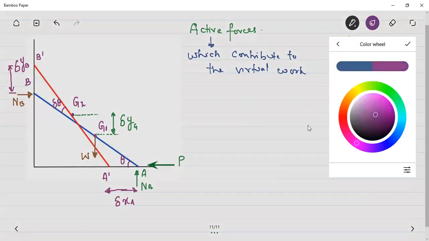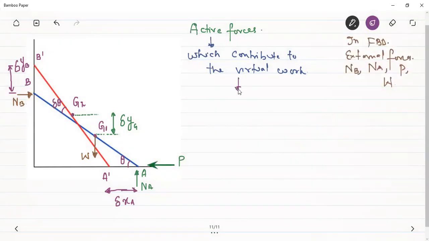Hence, we can say that the active forces here are this external force P, and this weight is also an active force because the weight is acting in the downward direction, that is along the y-axis, and we also have this displacement in the y direction. Although this weight is not contributing to the displacement in the x direction, we will have a virtual work when we multiply this weight with this virtual displacement delta yG. Therefore, this is again an active force.